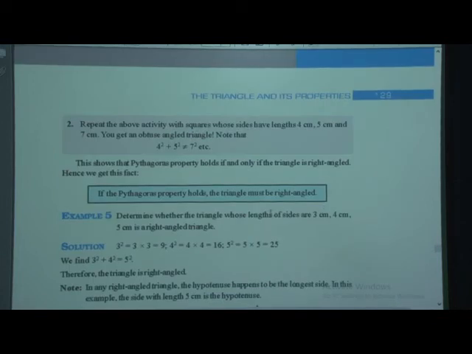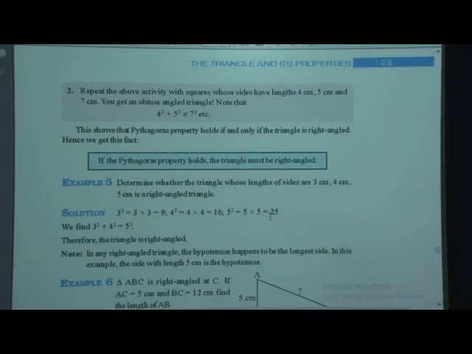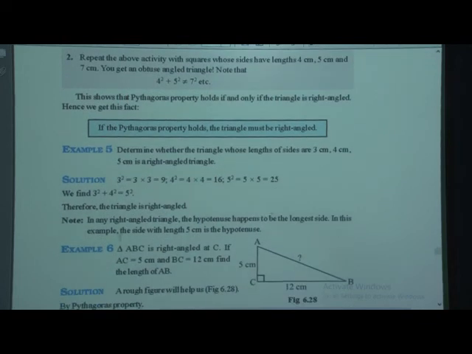We will see one example, then we will go for some sums related to it. Here, if the Pythagoras property holds, the triangle must be a right angle. Determine whether the triangle whose lengths of sides are 3 cm, 4 cm and 5 cm is a right angle triangle.